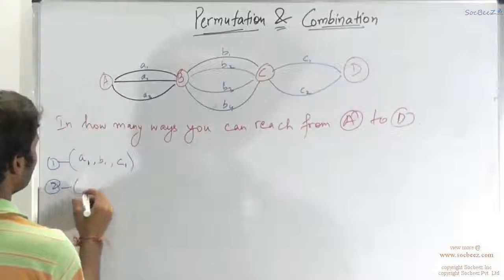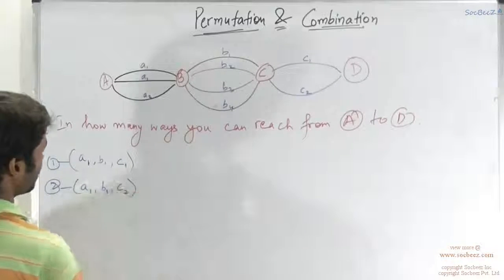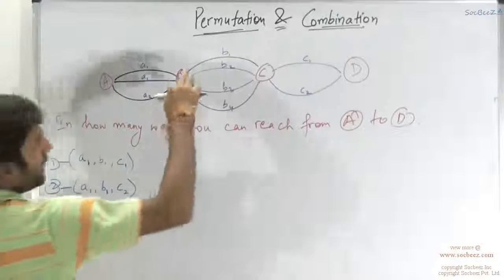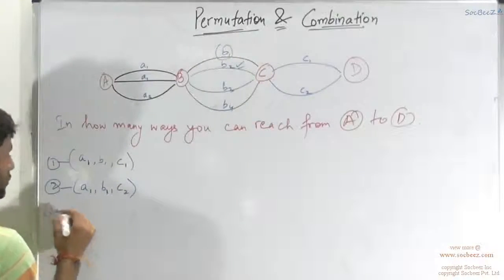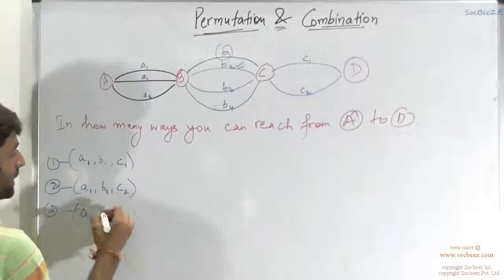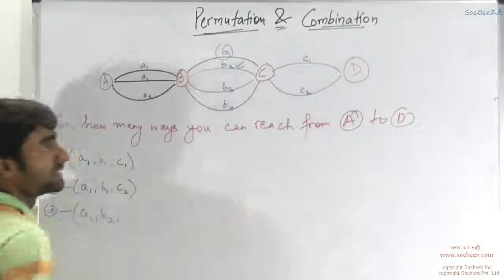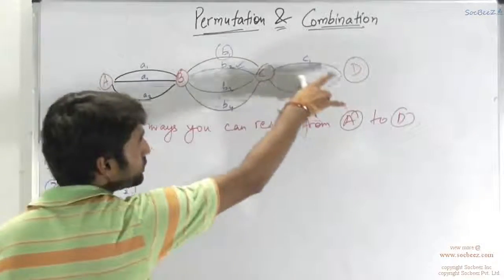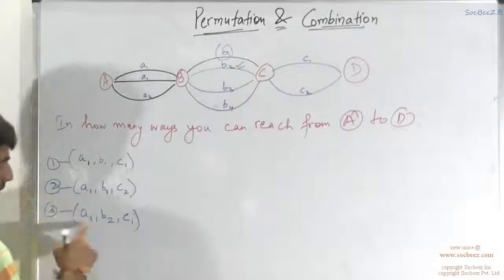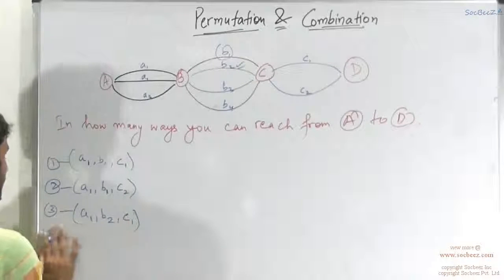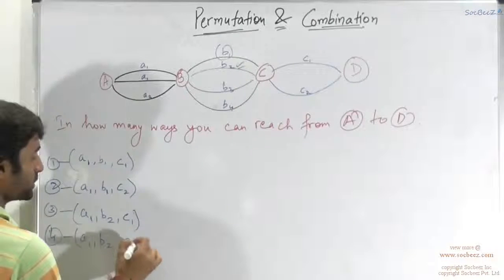The second would be A1, B1, and then C2. Similarly, I could have chosen B2 instead of B1. The third case would be A1, then B2, and by following B2 you have reached the city C. Again you have 2 possibilities, C1 or C2, to reach D. So one possibility is A1, B2, C1. And the fourth is A1, B2, then C2.